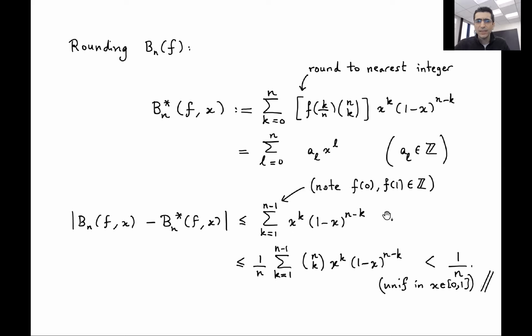So we can easily bound the error by what you see on the screen. The terms corresponding to the endpoints actually drop out if we use the fact that the function at the endpoints has integer values. So there's no rounding error here coming from k equals 0 and k equals n.